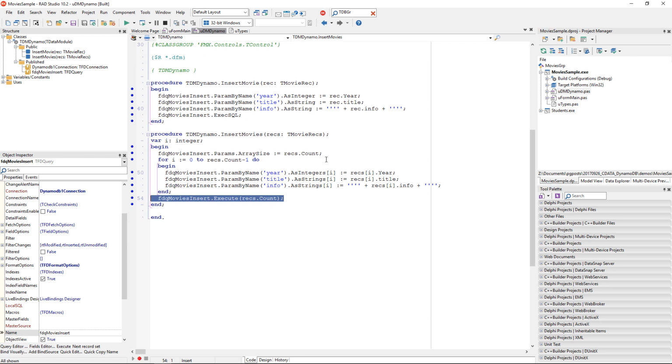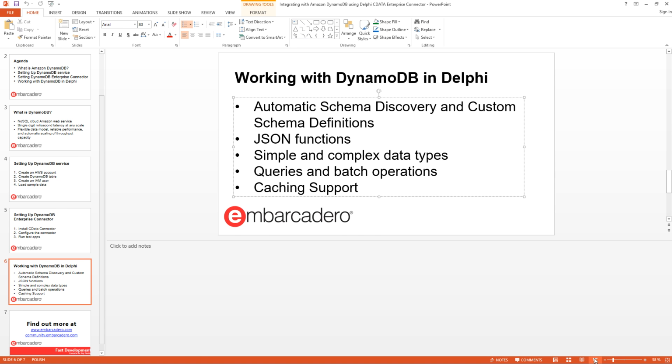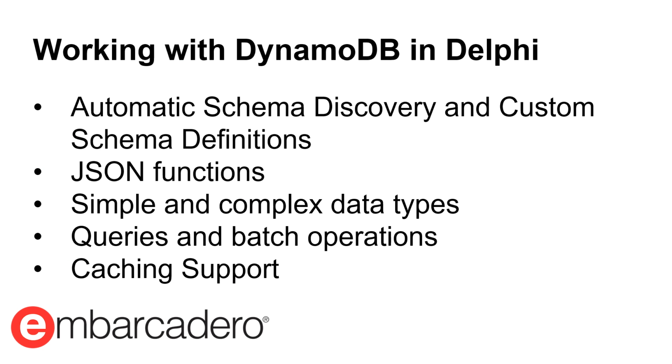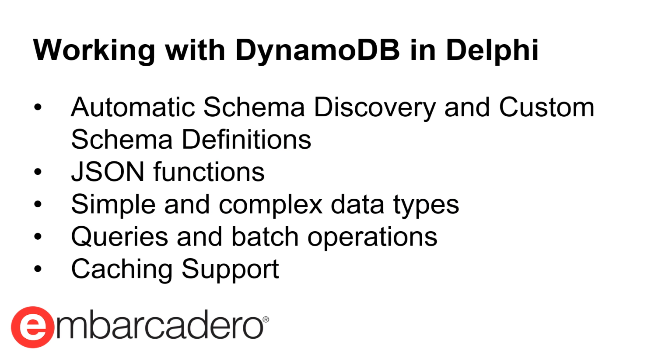It's quite big, and in this presentation I just wanted to give you a feeling of what it is like to work with DynamoDB in Delphi. It's a very interesting technology, and with the new enterprise connectors, you can use a familiar SQL 92 syntax.